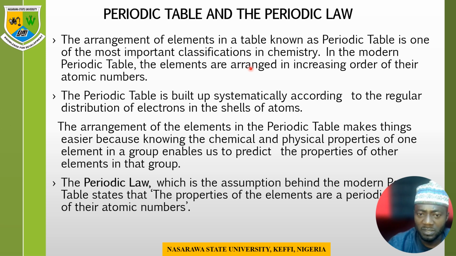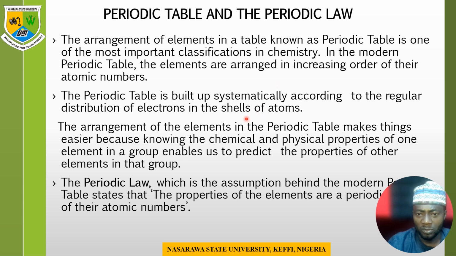Then, because of the discovery of the electronic structure of the atom, it was found that the arrangement of these elements is no longer based on increasing atomic mass, but rather on increasing atomic number, and this led to the modern periodic table, in which elements are arranged in increasing order of atomic numbers.